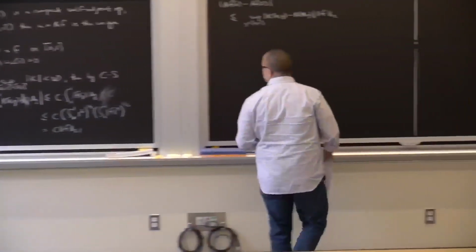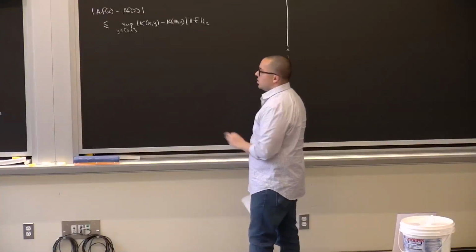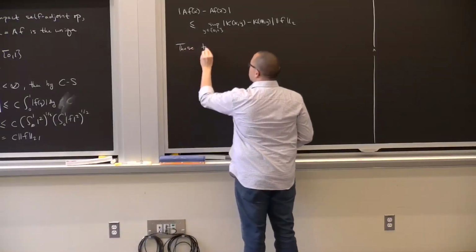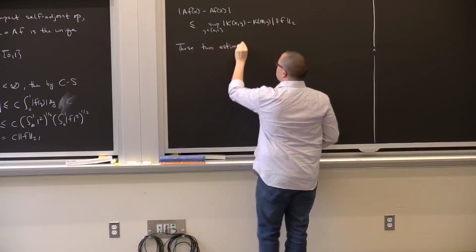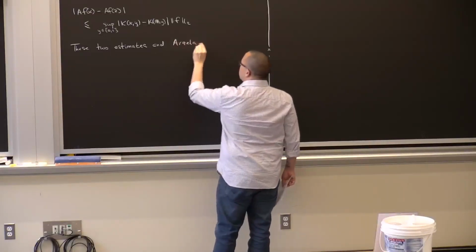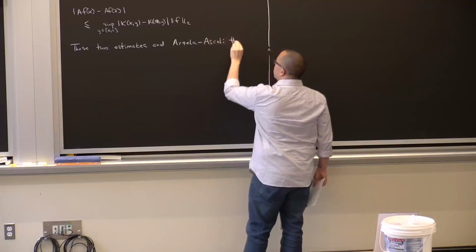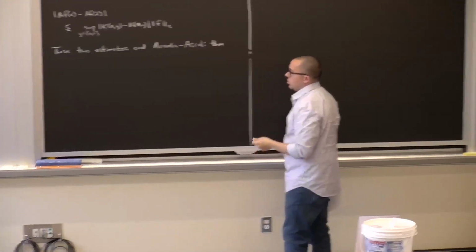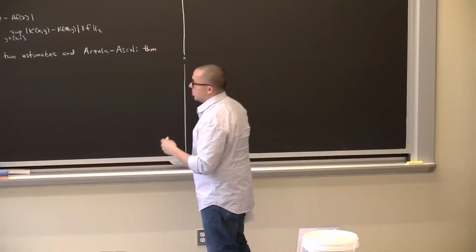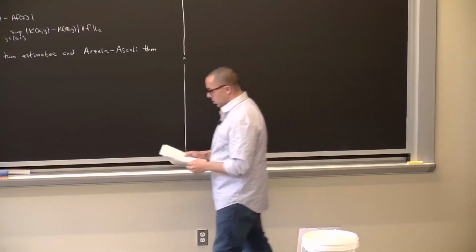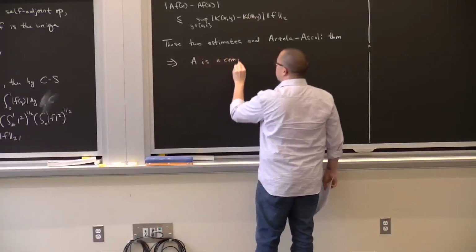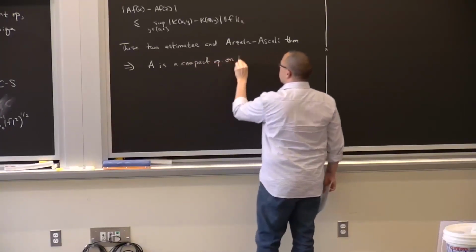Maybe you haven't done the exercises yet, but in any case, I'll just sketch that based on these two estimates and the Arzelà-Ascoli theorem, which gives you sufficient conditions that a sequence of continuous functions has a convergent subsequence in the space of continuous functions, you can conclude that A is a compact operator on L2.